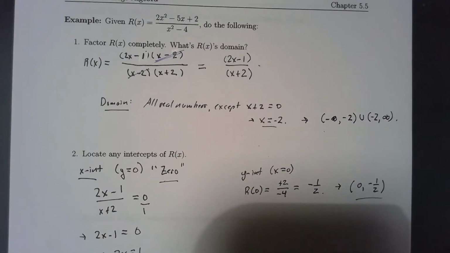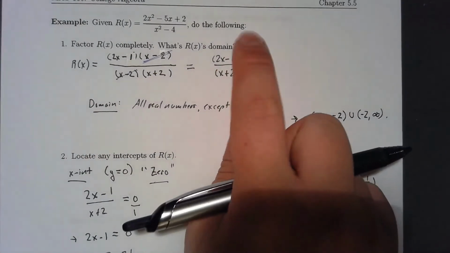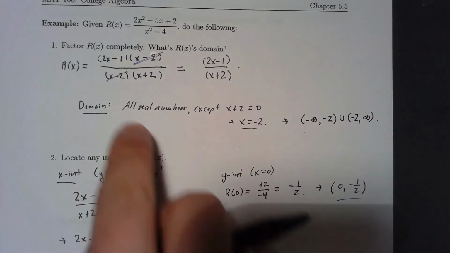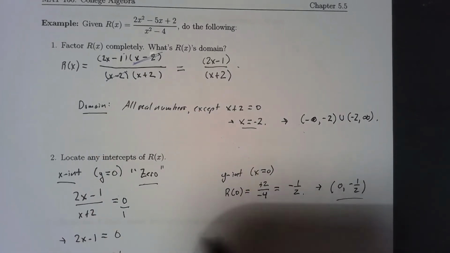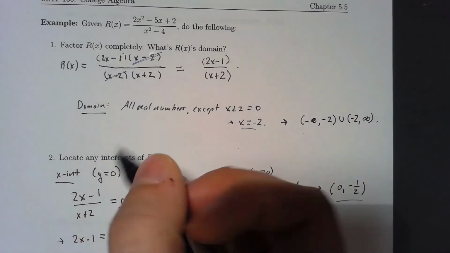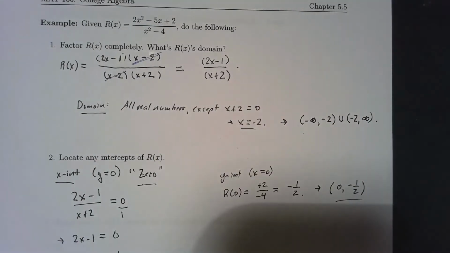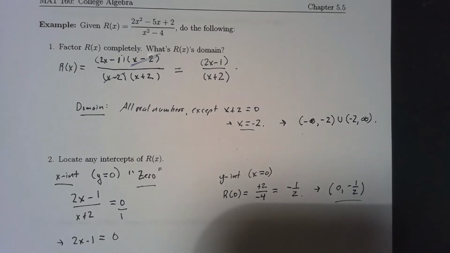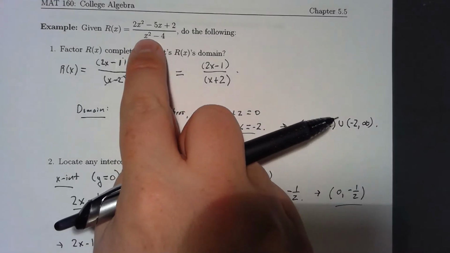Actually, let me go back to step 1 here. What's the domain of this function? Actually, now that I think about it, my domain would also not include positive 2. Because even though the x minus 2's canceled out, you still can't put in 2. Because if you put 2 in here, you're going to get 0 in the denominator, right?